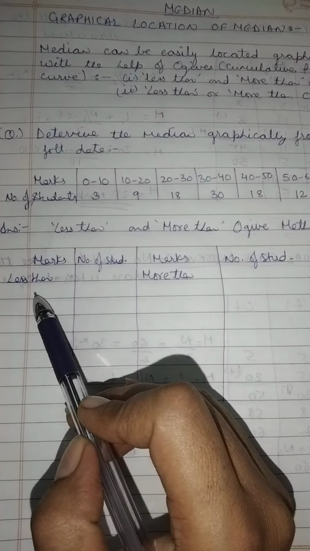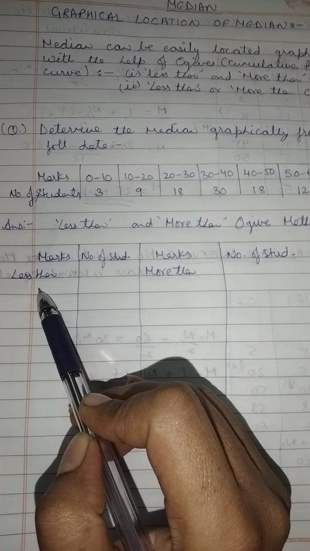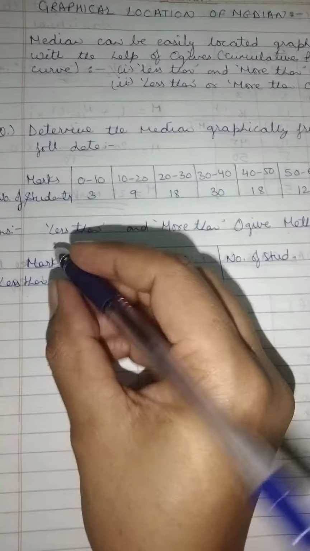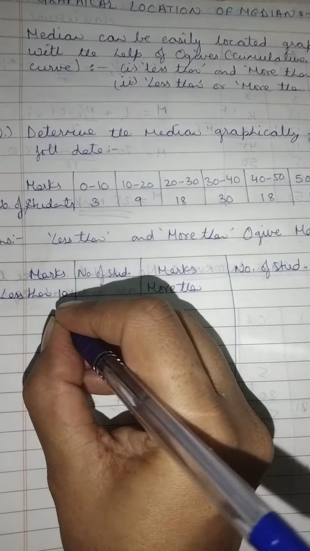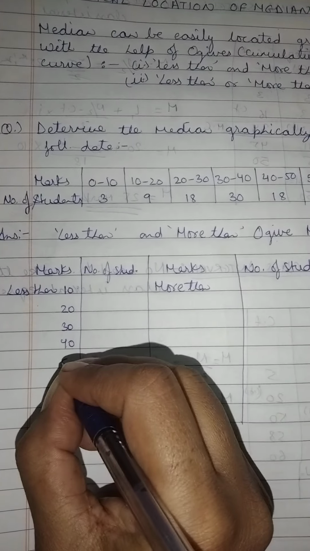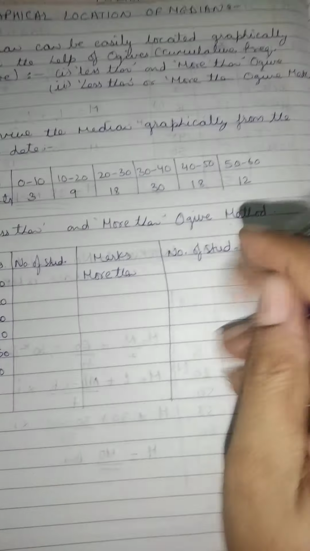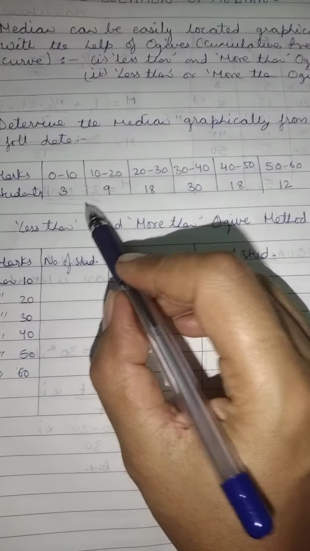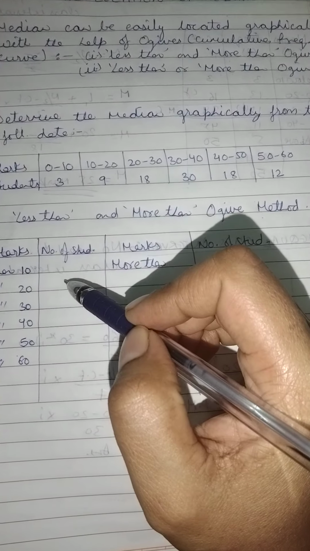How? First, less than. Less than means less than 10, less than 20, like that: less than 10, less than 20, less than 30, less than 40, less than 50, less than 60. Till 60 we have to go. Now this is the frequency, we have to convert this into cumulative frequency.